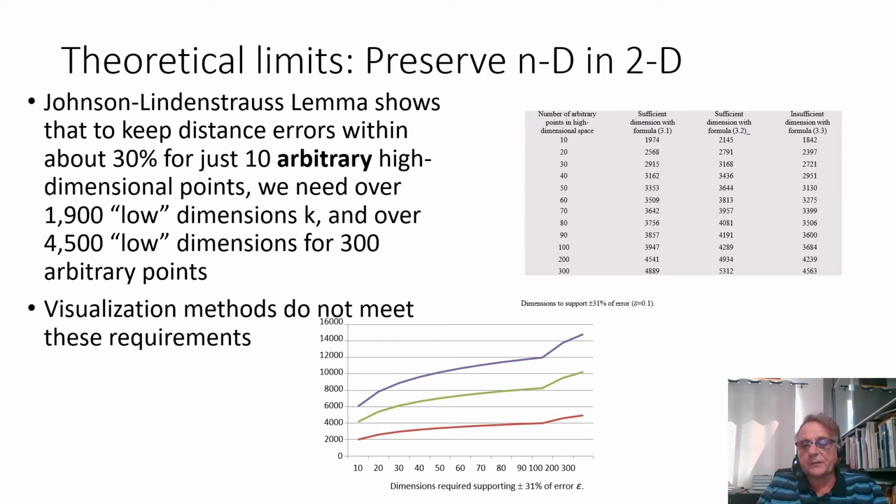There are different formulas that give estimates for this lemma, but all of them are very similar, and all 3 are visualized in the diagram below. So the short conclusion is that visualization methods do not meet these requirements.